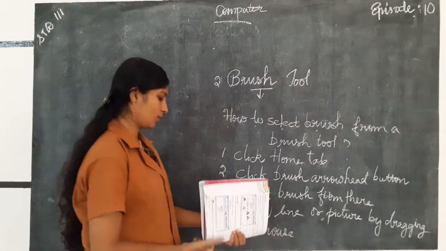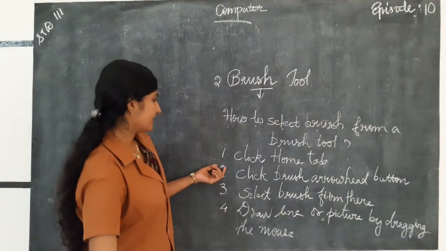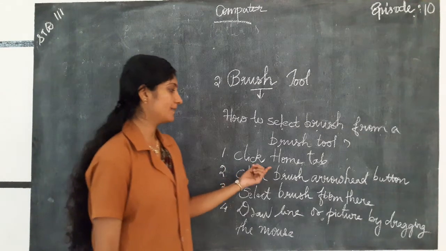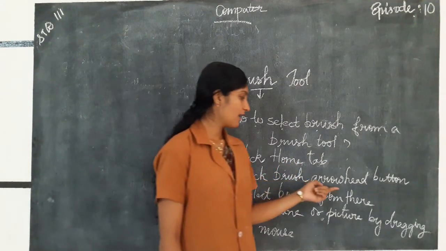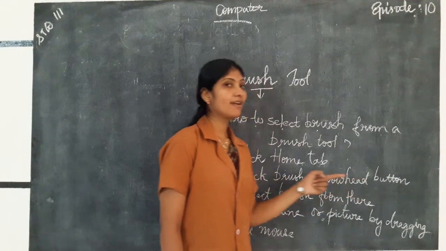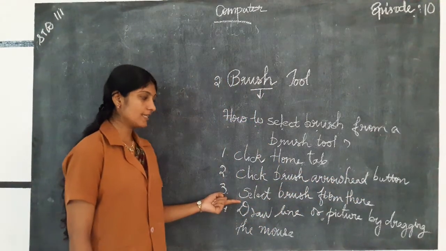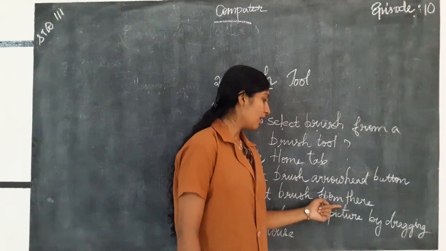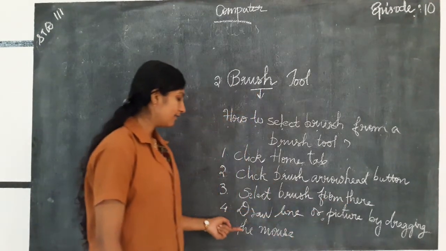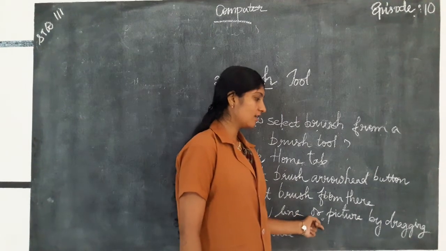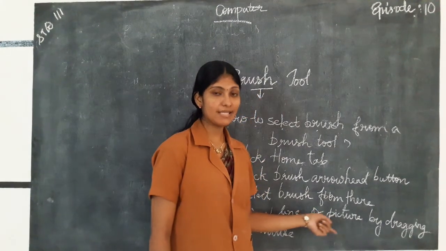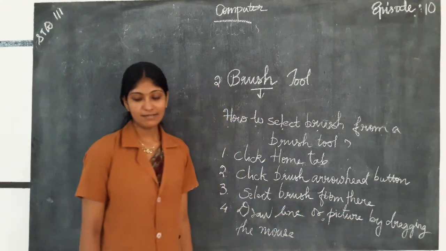Okay, so what are the steps? First, click Home tab. Second step, click Brush arrowhead button. Then select a brush from there, and fourth step, draw the line or the picture you want to draw in the paint screen by dragging the mouse.